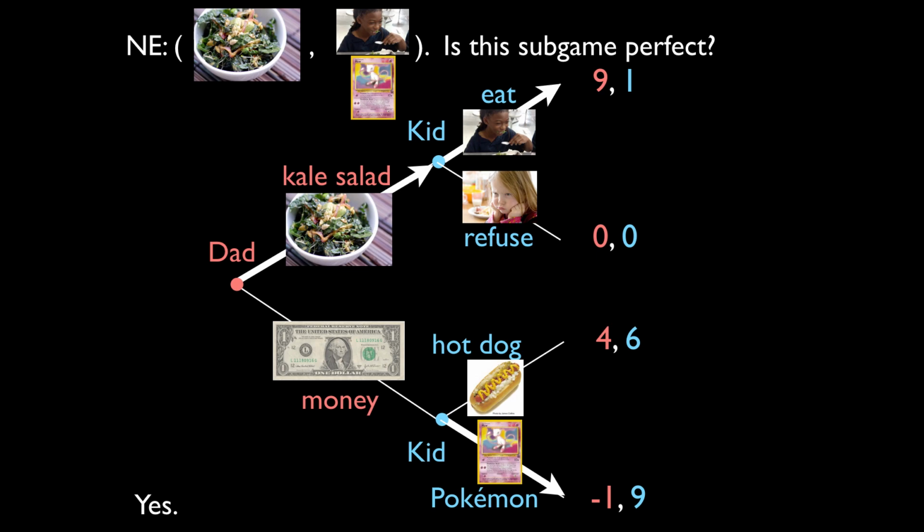Okay, so if we did backward induction, then we would get this. So you would do heat and kale salad, but even when you did backward induction, you still have to figure out what goes on here. So we'll do that in a second. A lot of these things will become clear with examples.